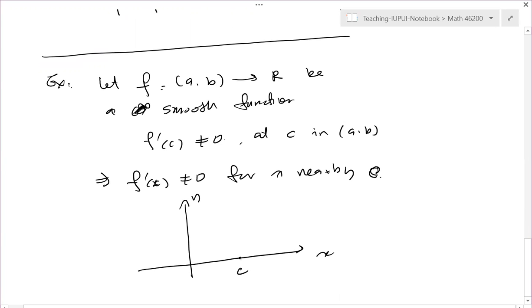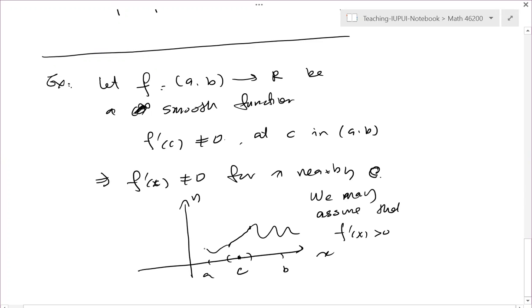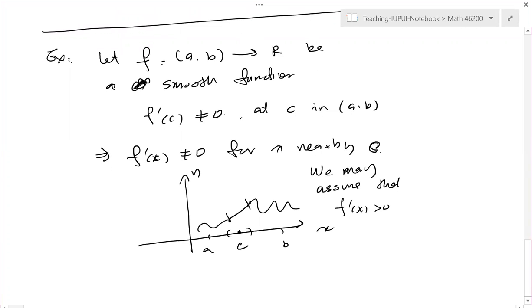Here's a point c, and this is from a to b. We may assume the derivative is always positive in a small neighborhood, so the graph is increasing for that piece. It's possible the graph looks different somewhere else, but for that piece, as the derivative is always positive, the graph is increasing.